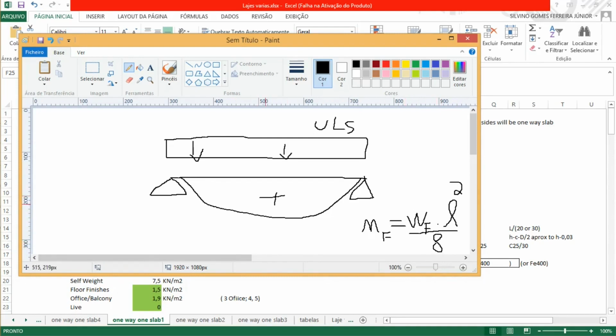And since it's positive, this is why we have to put reinforcement on the bottom of the section of the slab.